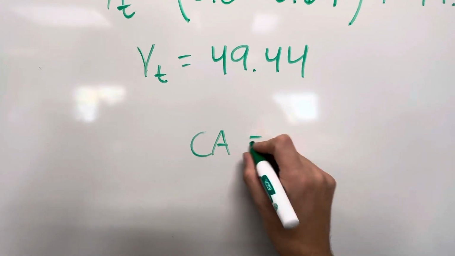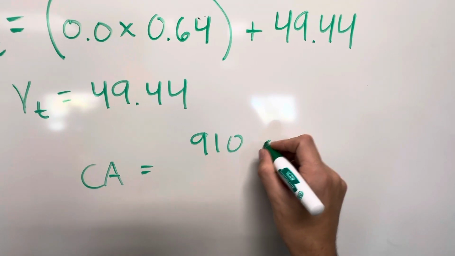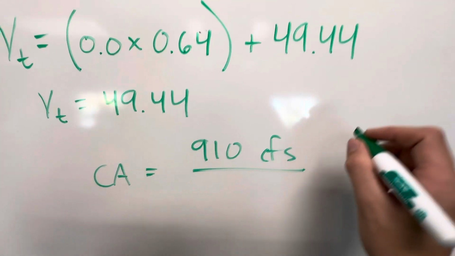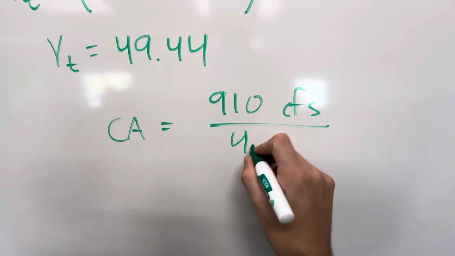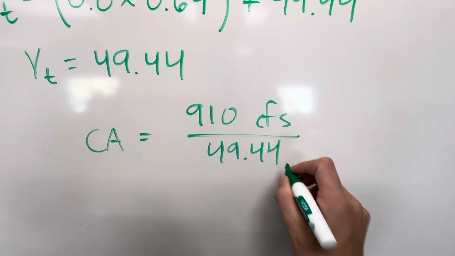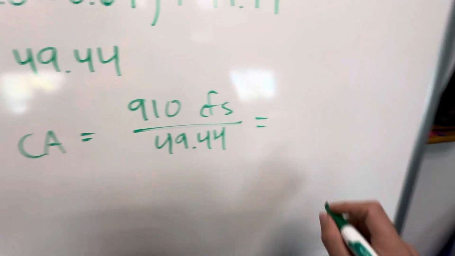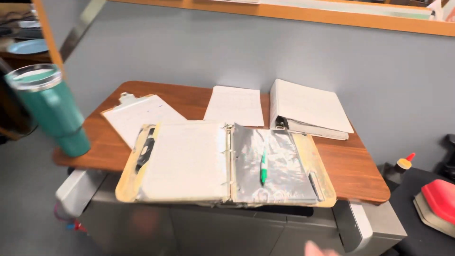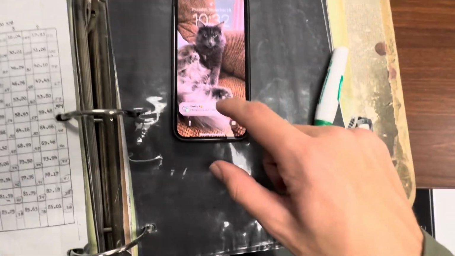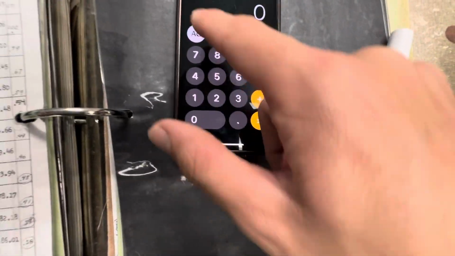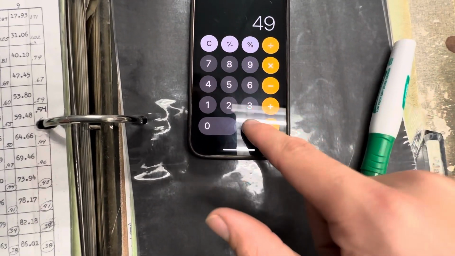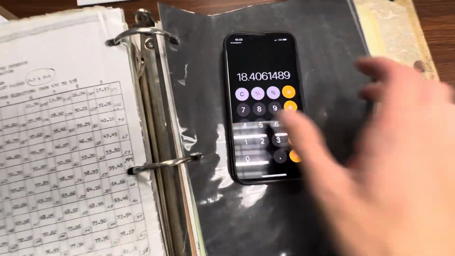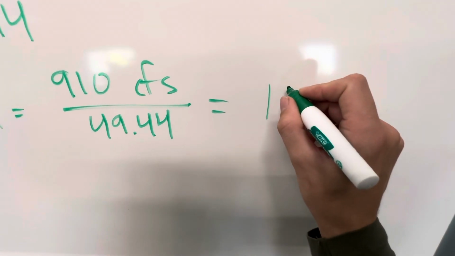CA is equal to 910 CFS divided by, bam, our VT, because we're using this equation, which is 49.44, and that's going to spit out, let's see, 910 divided by 49.44, 18.406. And we do go to the thousandths.